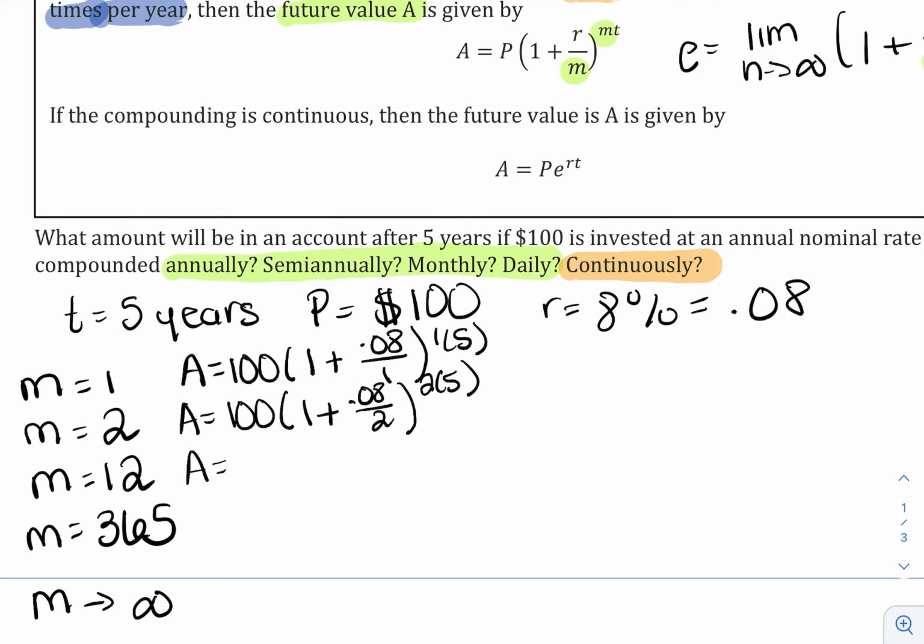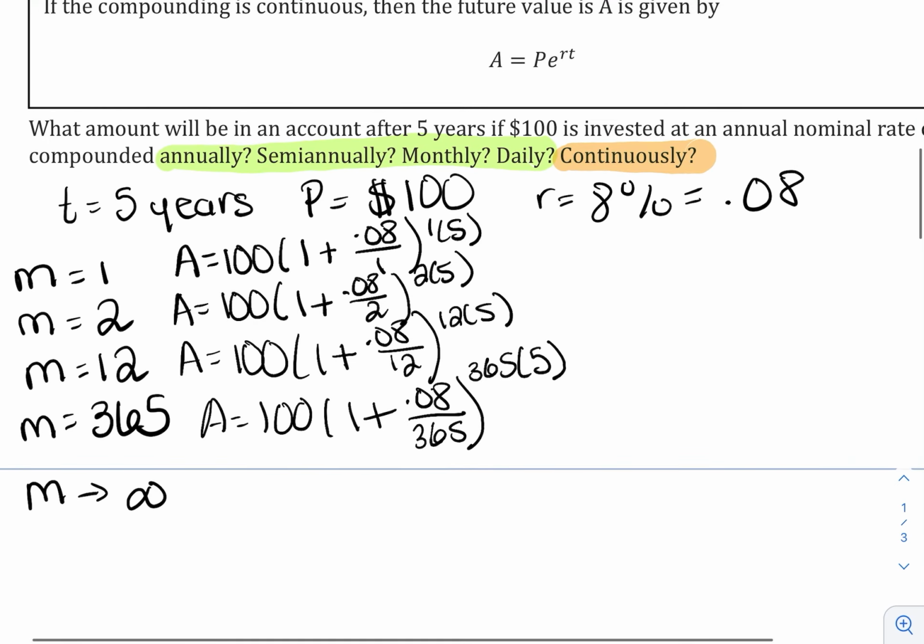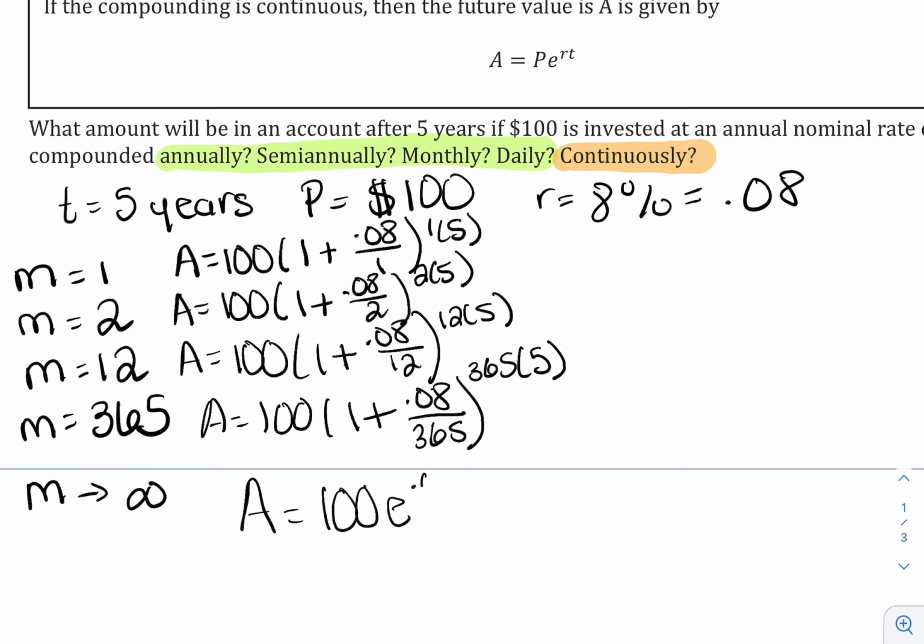Then A is equal to 100 times 1 plus 0.08 divided by 12, raised to 12 times 5. And then A is equal to 100 times 1 plus 0.08 over 365, raised to 365 times 5. And last but not least, in the other one, I use the other formula, so there is no M because I'm compounding continuously. So it's going to be 100 e to the R times T.